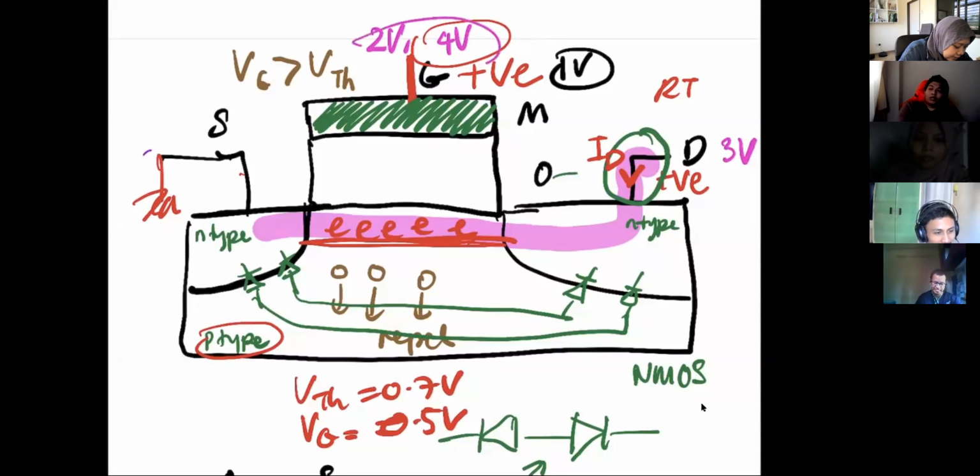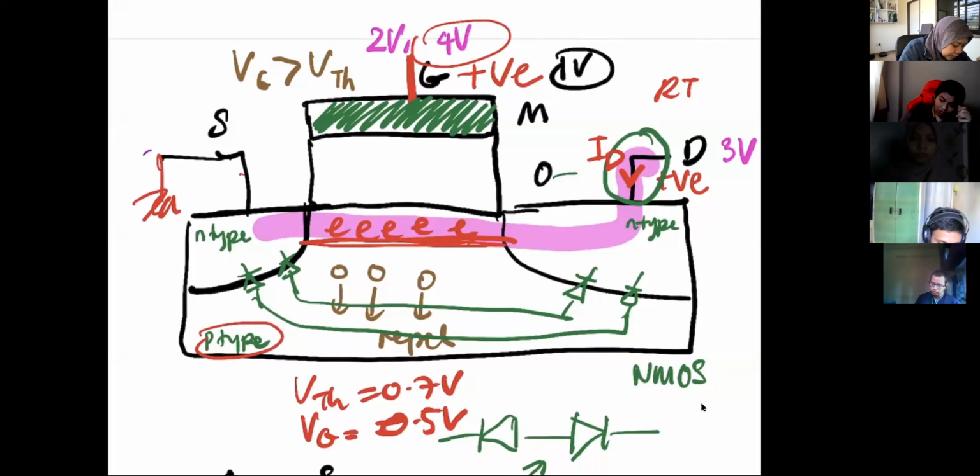So whenever you increase the gate voltage, what happens is you are applying more electric field, in a MOSFET, metal oxide semiconductor field effect transistor. If you increase the voltage at the gate, you are attracting more minority carriers towards the surface between the oxide and the semiconductor. Therefore, you have a thicker inversion channel.